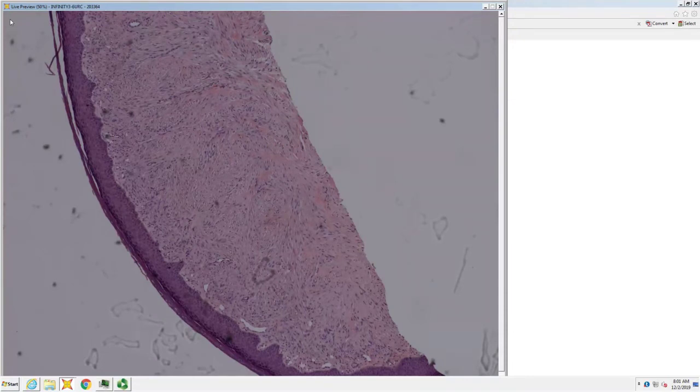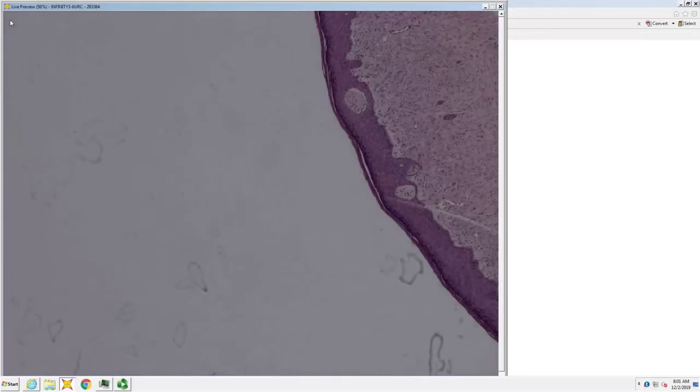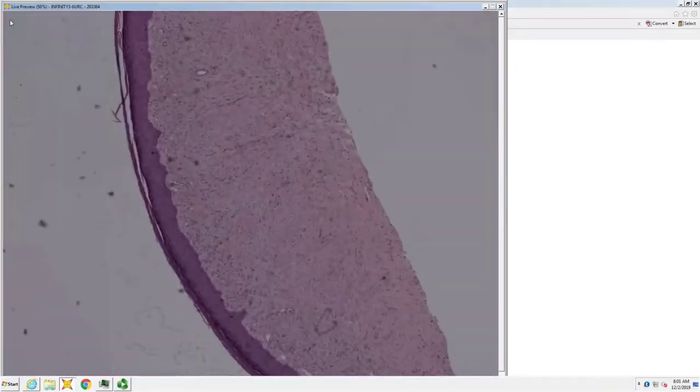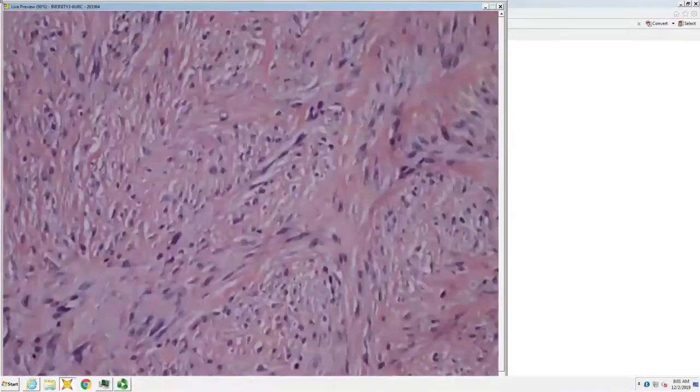So recurrent infantile digital fibroma. Recurrent infantile digital fibroma or inclusion body fibroma is acral skin with crisscross fascicles. And that pattern is a clue to look higher.